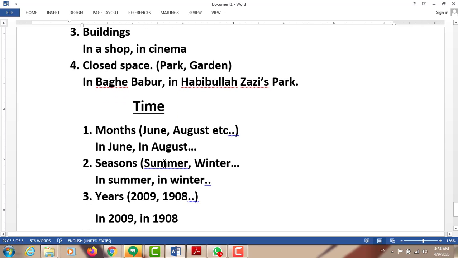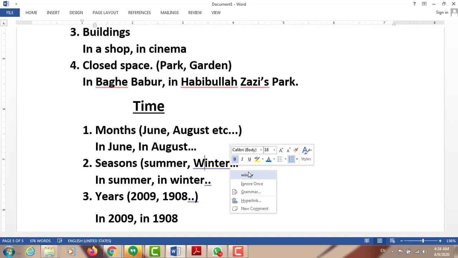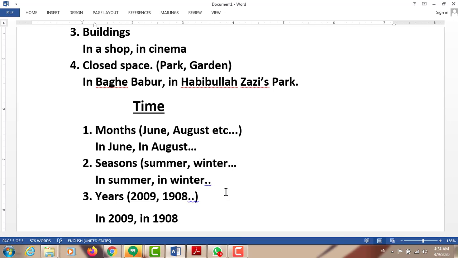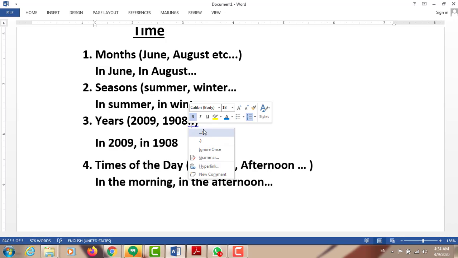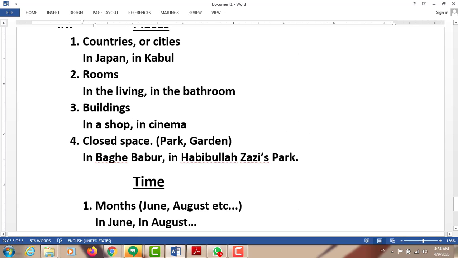These are just suggestions. If you want, you can change; if you don't want, just leave it. It depends on you. For closed spaces like parks and gardens, like in Babur's Garden, it's a garden. In Habibullah's park, it's a park, of course.